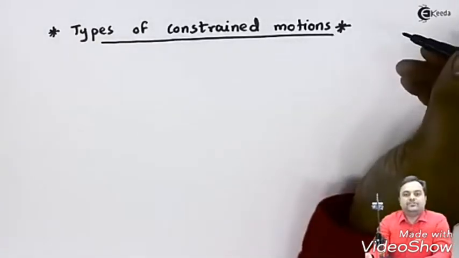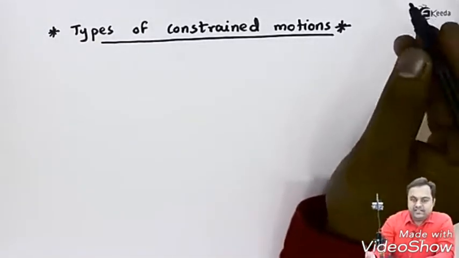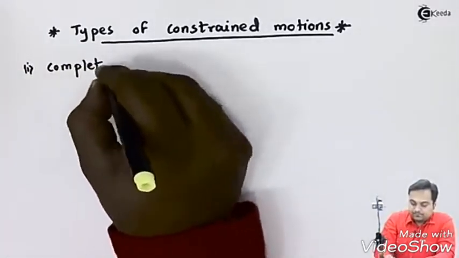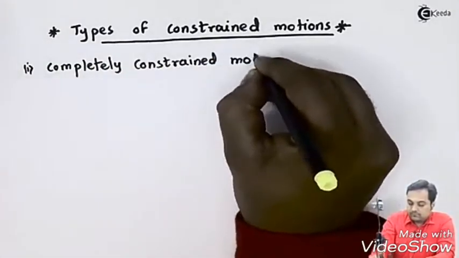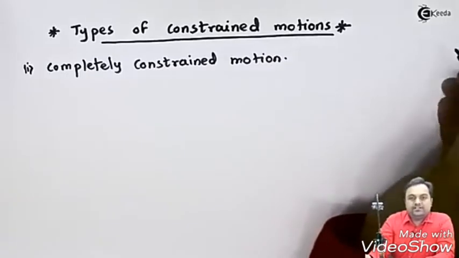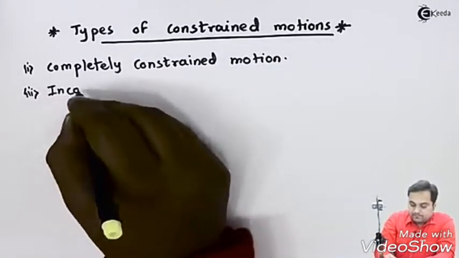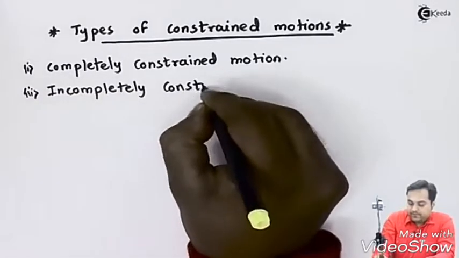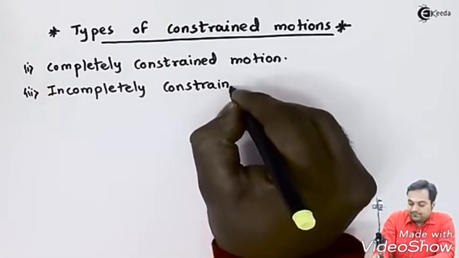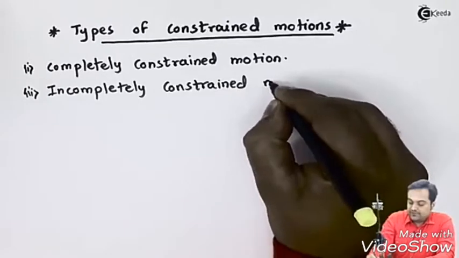Hello students, let us see a new concept that is called types of constrained motions. In types of constrained motions, we have three types. The first one is completely constrained motion. Second, incompletely constrained motion.